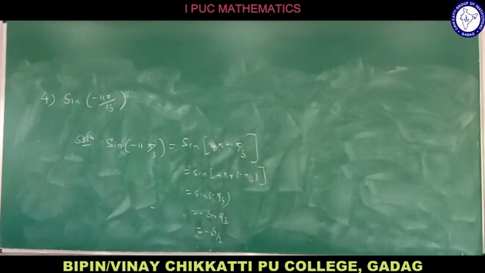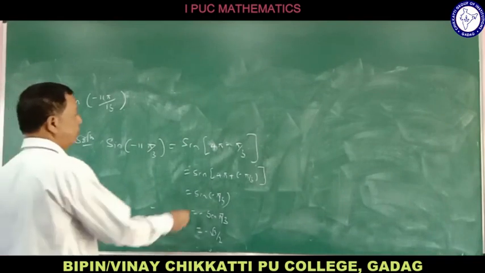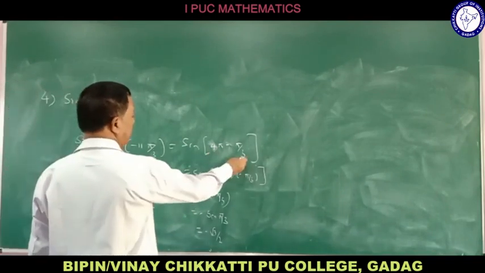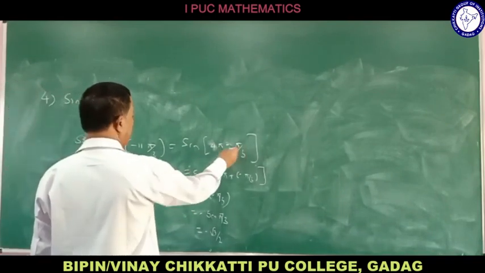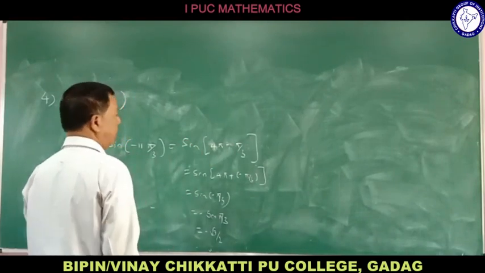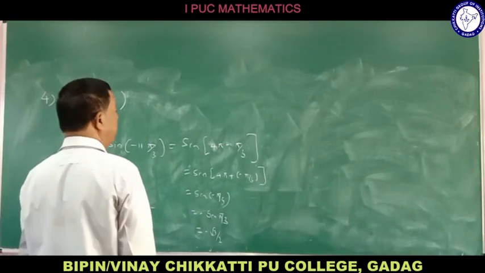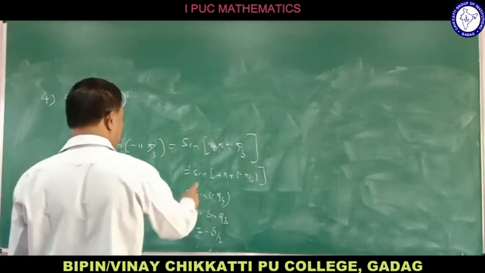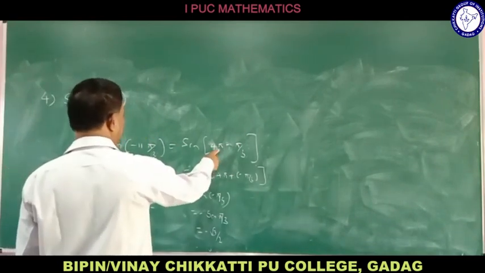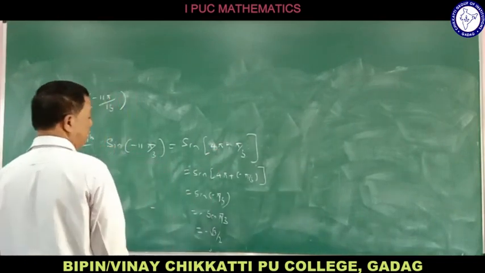And here when it is possible, how it is possible, that also you can understand. So when you see this answer, root 3 by 2, whether you are getting minus or plus, that also you have to observe. That given is minus 11 pi by 3. So when you look at this, 3, 4 are 12, 12 minus 1, but answer is minus is there. So here you have to understand how you can go for finding the result. It is not correct. You are getting 11 pi by 3, but here minus 11 pi by 3 is there.